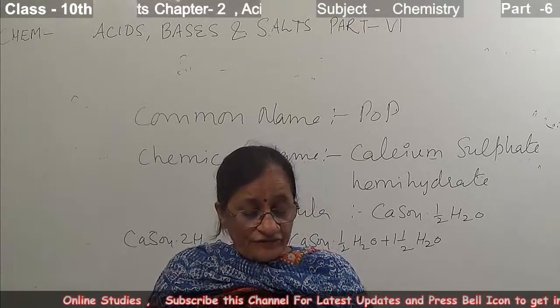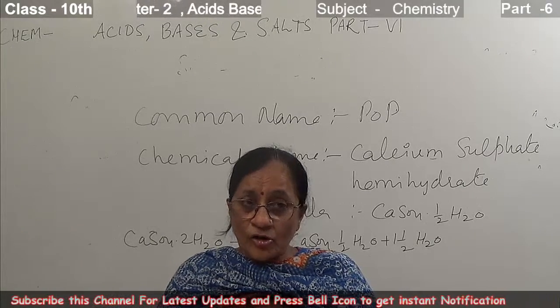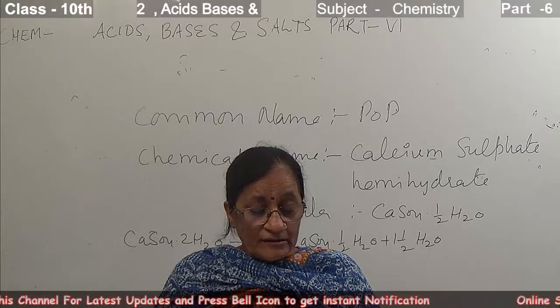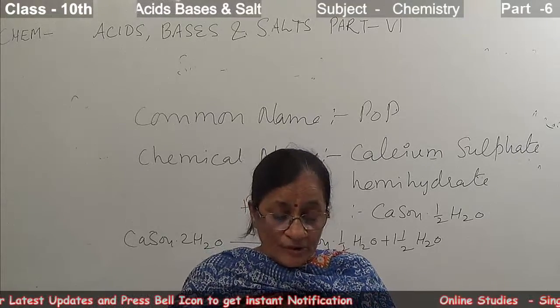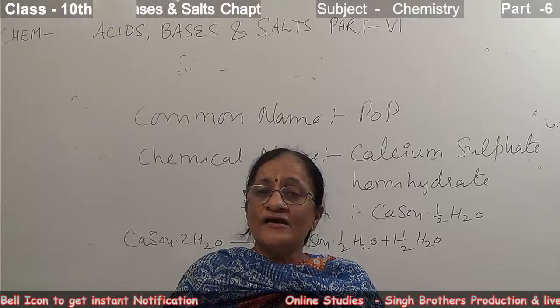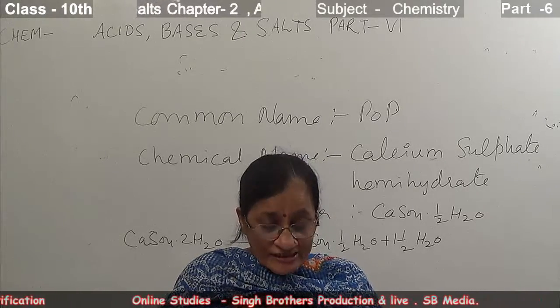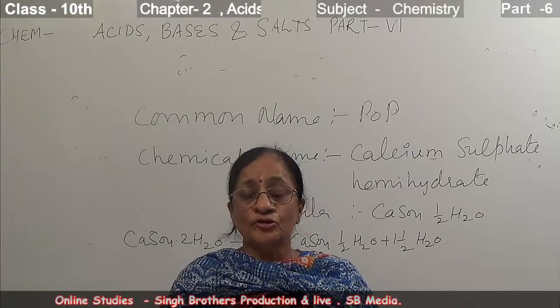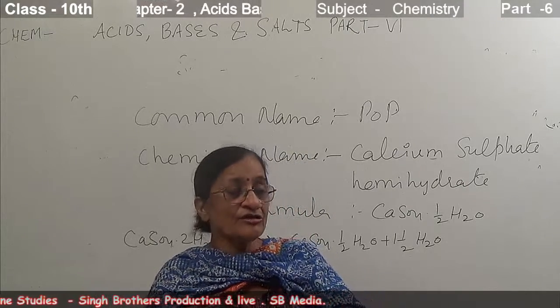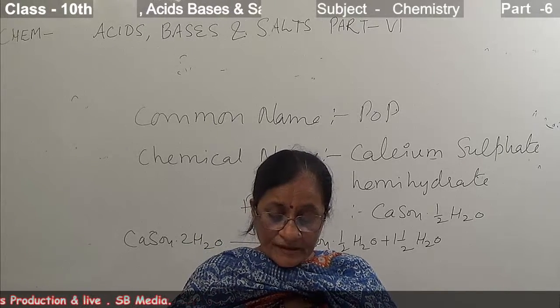From the activity, we come to know that the crystals of salt are not dry. They contain a fixed number of water molecules. So, what is water of crystallization? Water of crystallization is the fixed number of water molecules present in one formula unit of a salt.